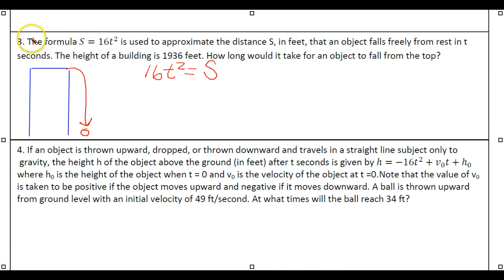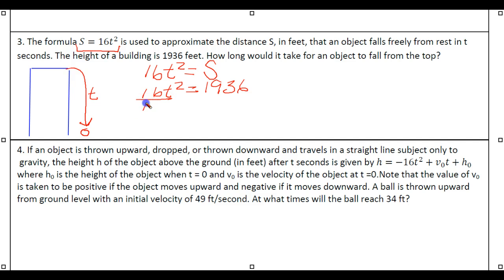Now as you read example 3, here's our formula that I've written this way. We're going to take something, throw it off a tall building, and we're going to see how long it takes to reach the ground. And this is the function of it. So we get 16t squared equals the height of the building here, which is 1936, my birth year.